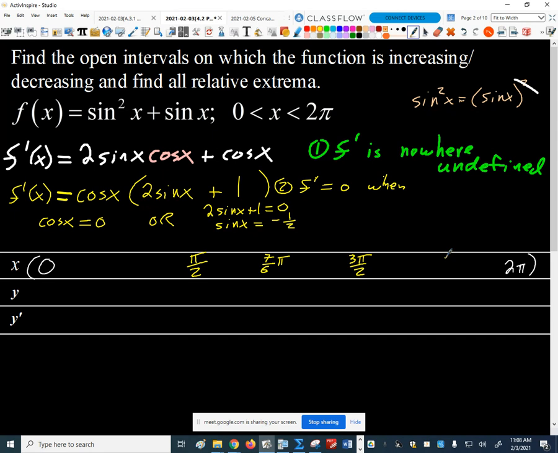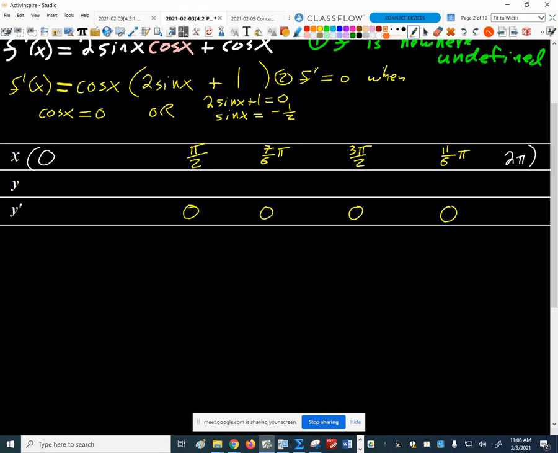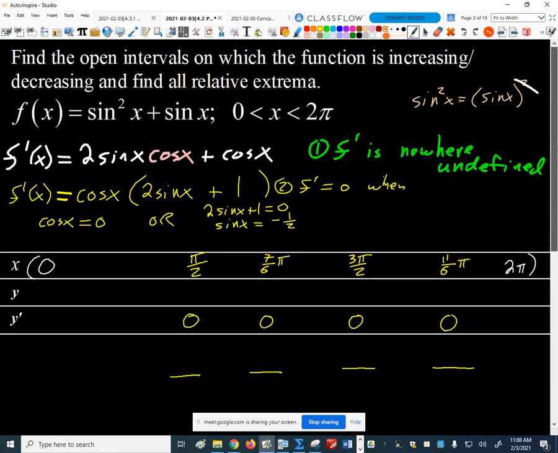And 11 pi/6. And those are all places where our first derivative was equal to 0, right? And so we know those are going to be places where we have horizontal tangents. So there's our icon for horizontal tangents.